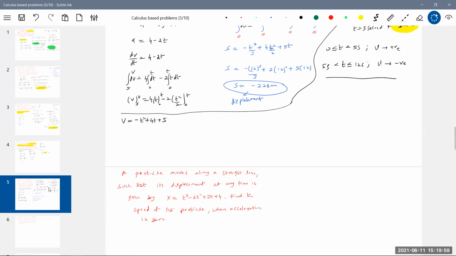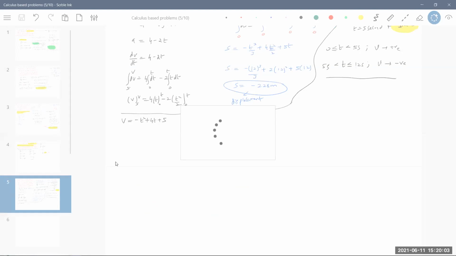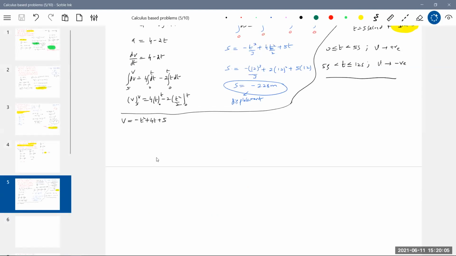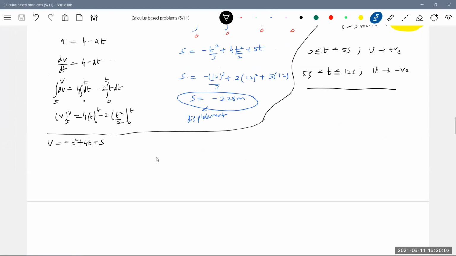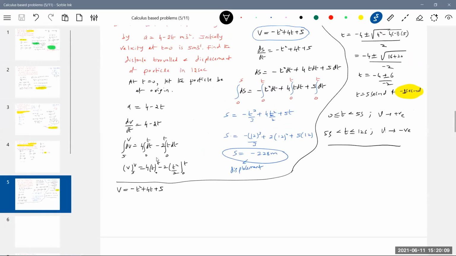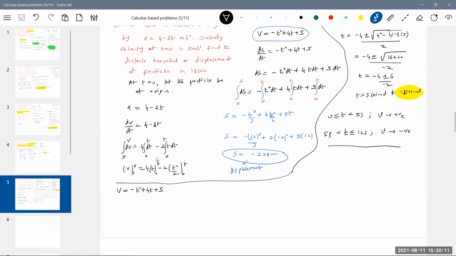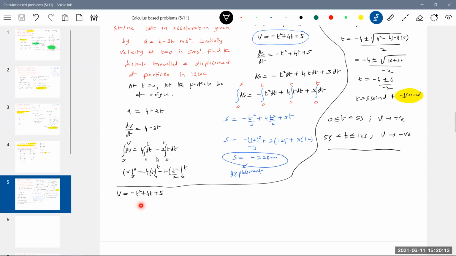I hope everyone is able to visualize. So now v equal to ds by dt, ds is equal to v dt.